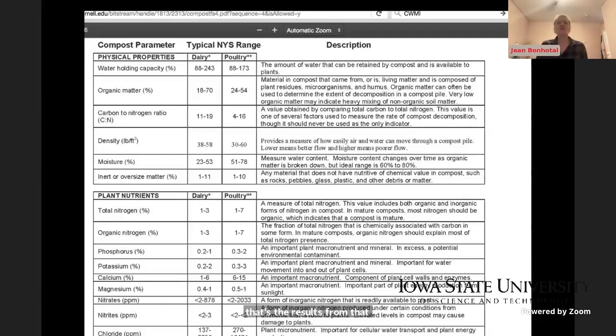This is just physical properties, and I'll let you go through this at another time. We have a fact sheet that has all of this information on it on our website, and you can read that information there, but it tells you what levels dairy and poultry manure actually have in all of these different things: moisture, density, nitrogen, all those kinds of things.